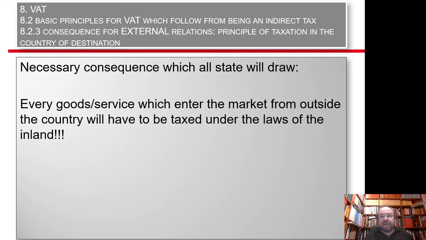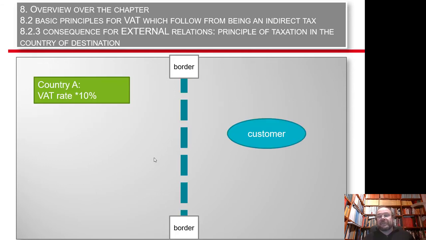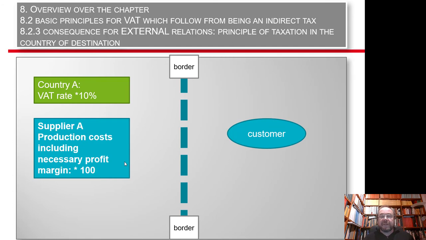So everything which is imported into your country is simply taxed at the border with your VAT rate on its market value. And then you automatically have secured that no good coming from the outside world will ever be taxed lower than your own products.